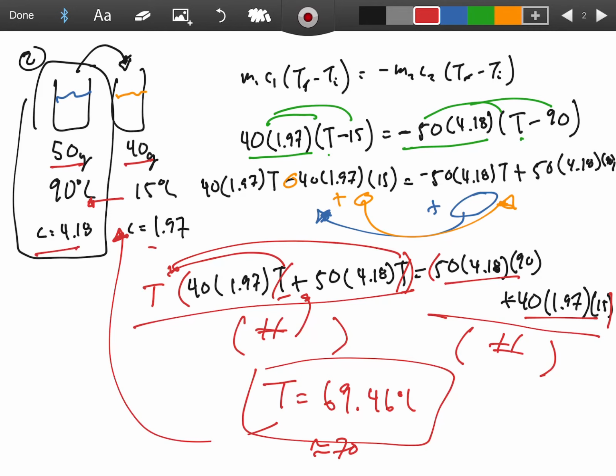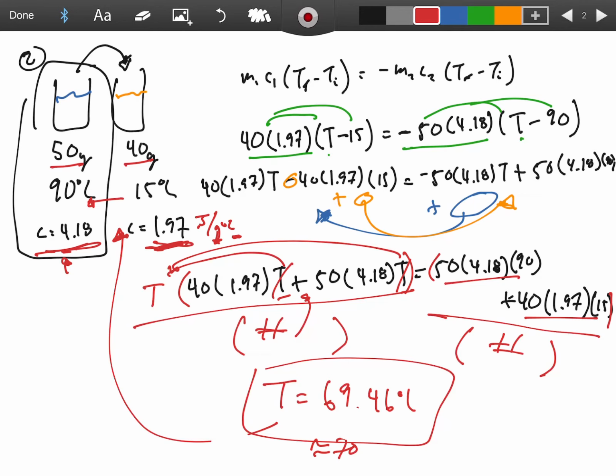The other thing is if you look at their specific heats, right? The specific heat's unit is joule divided by gram degrees Celsius. So for example, for this oil, it takes 1.97 joules of energy to take 1 gram of oil and change it 1 degree Celsius. Okay, so in other words, if I'm looking at this, this is basically 4 and this is basically 2, right? This is twice as big.